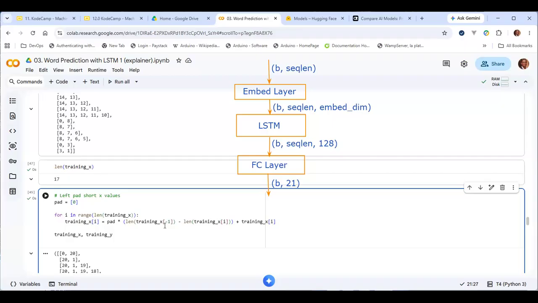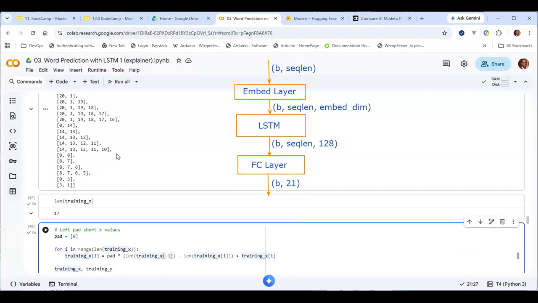Okay, so it shouldn't be training X minus 1. It should be training X length of, okay, I think I know the problem. Okay, yeah.